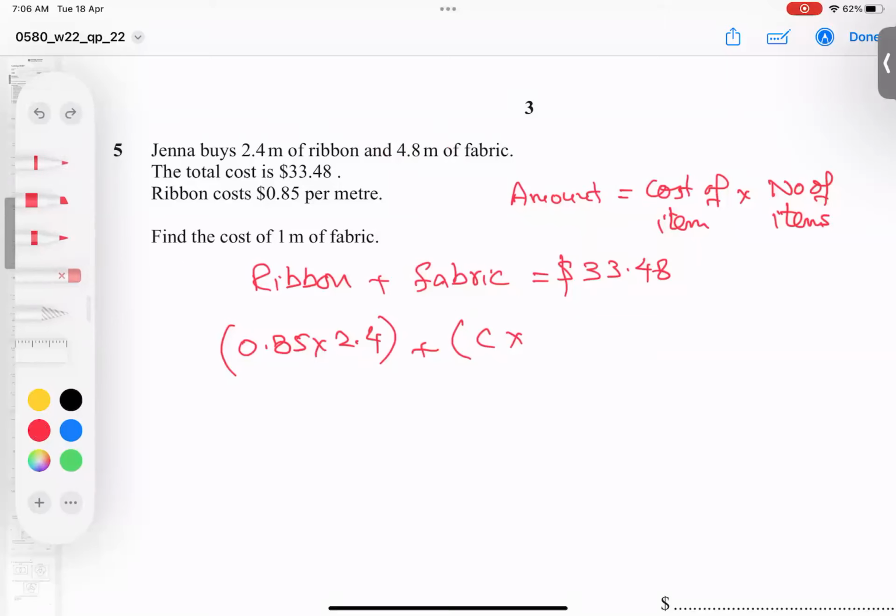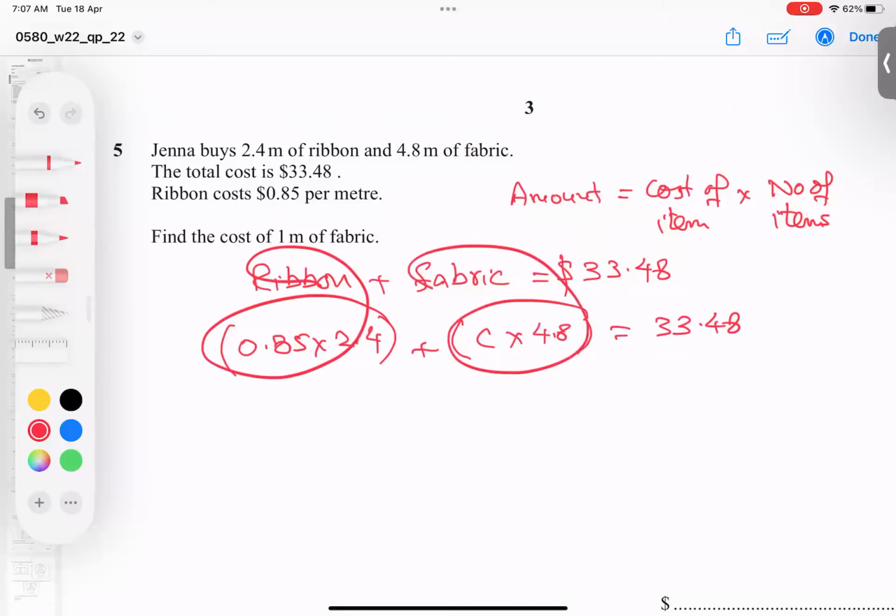If cost is C, so 1 meter is C times 1, 2 meters C times 2, 3 meters C times 3, and 4.8 meters, 4.8 multiplied. I hope it's clear. Equals 33.48. So this is money spent on ribbon, and this is money spent on fabric. I think it is not a hard job.